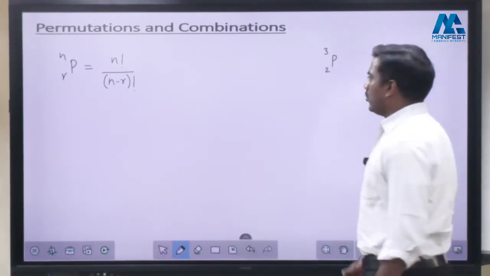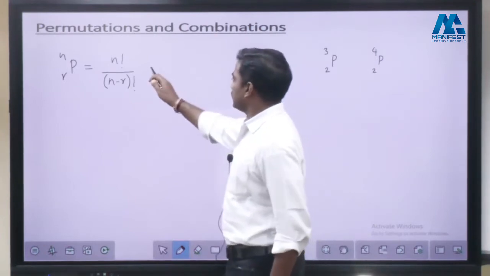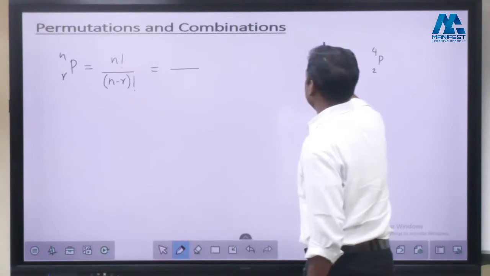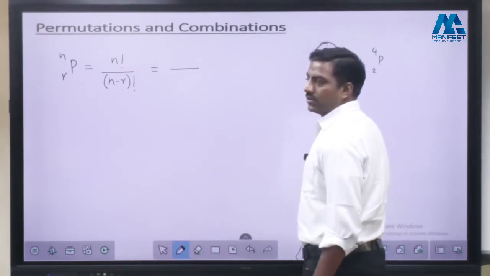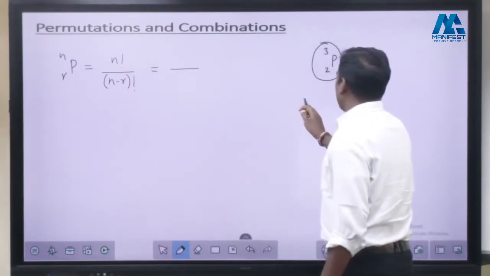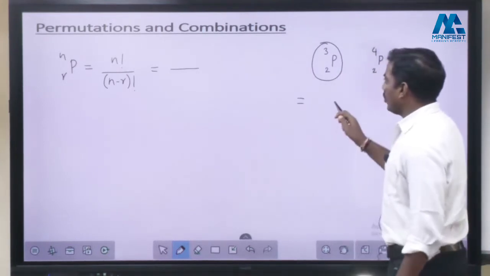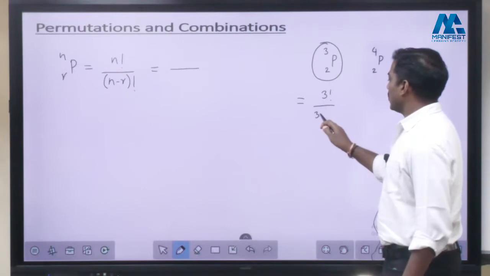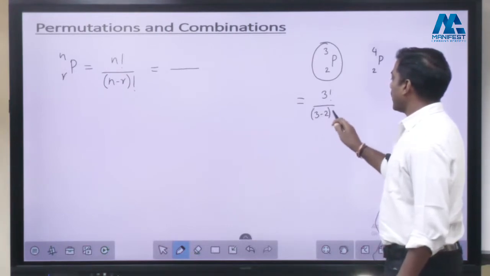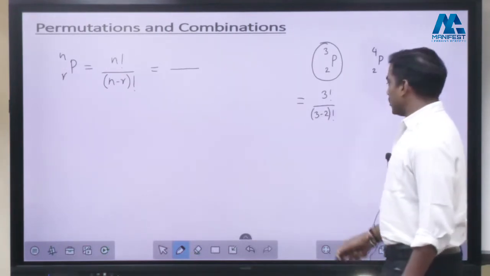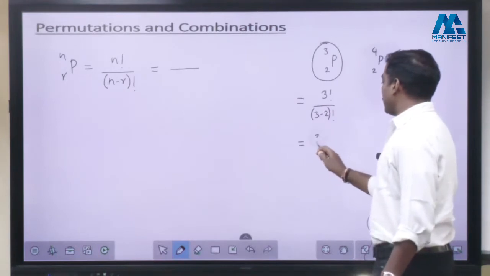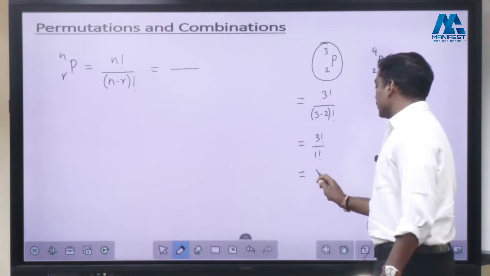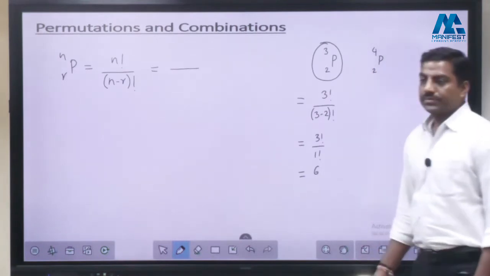Fine, I'll show you the evidence. In the first calculation, how do you write it? 3 factorial divided by 1 factorial. What is 3 factorial? 6 by 1.